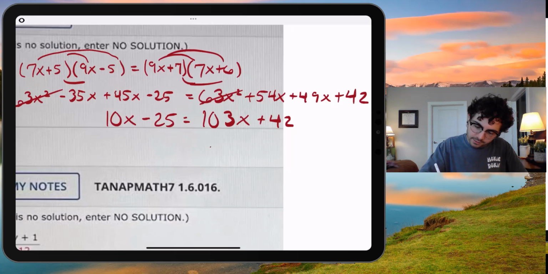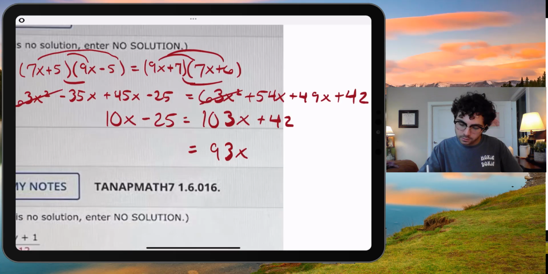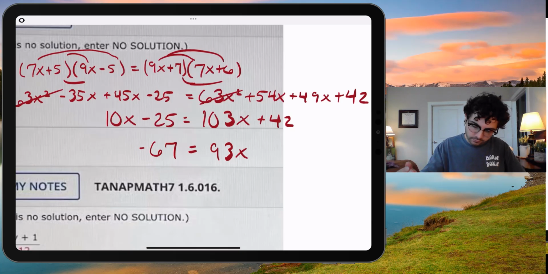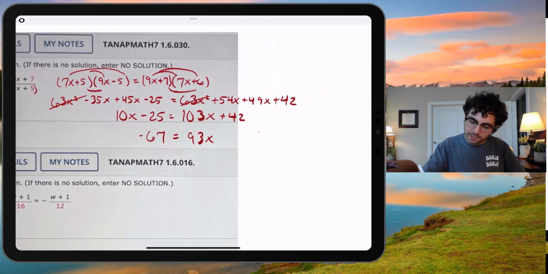We'll subtract 10x, we get 93x equals, this looks stupid, minus 42, so negative 25 minus 42 is negative 67. Okay, and then divide by 93, so negative 67 over 93 equals x.